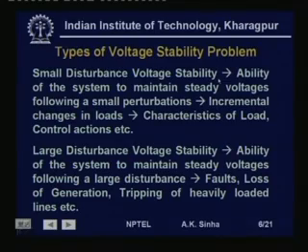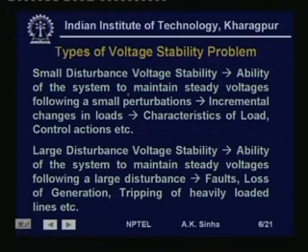That is, what is the quantum of disturbance that is creating this problem. So, if we are talking about small disturbance voltage stability, which basically stems from gradual changes which occur in load.